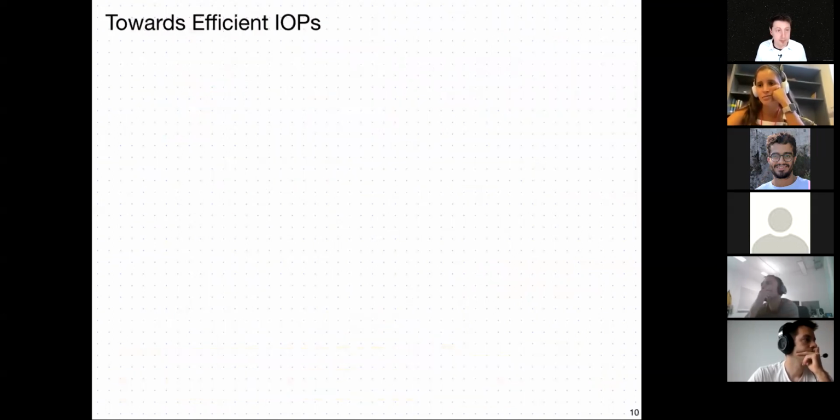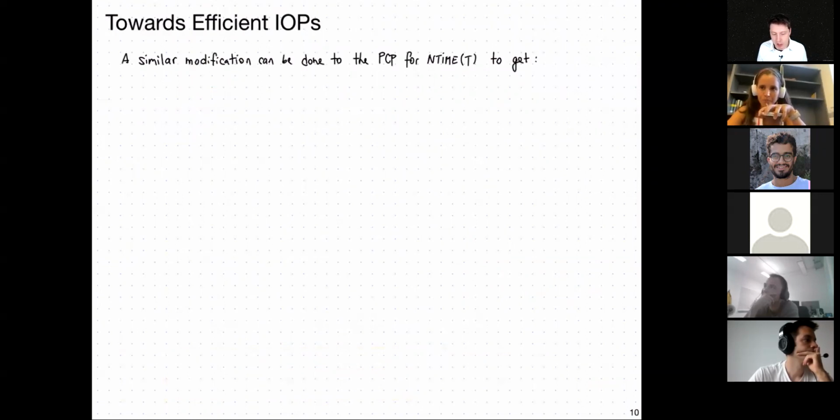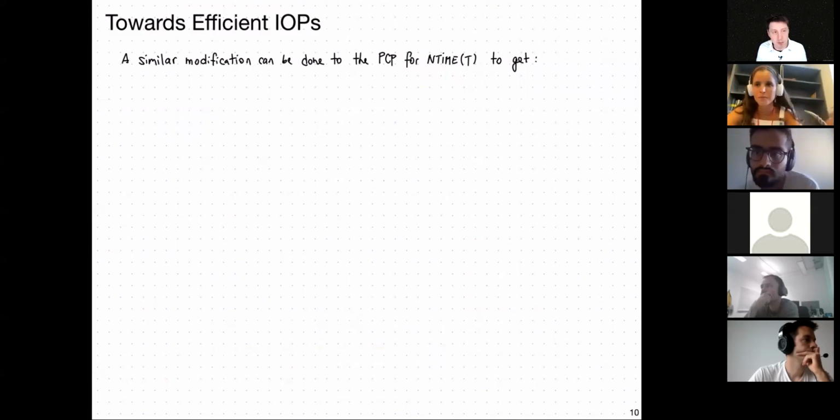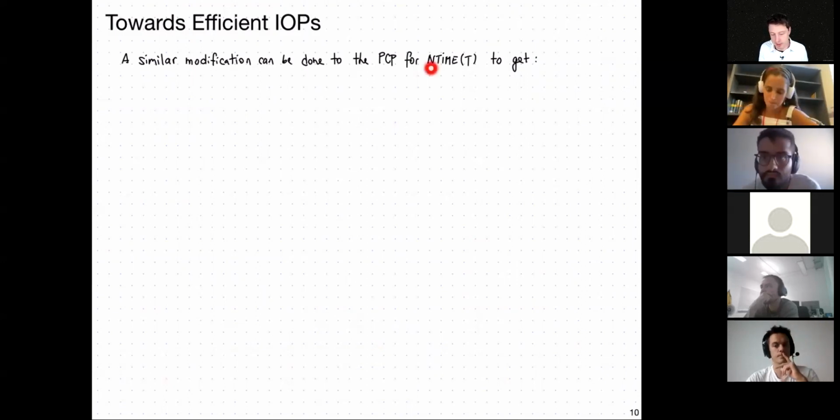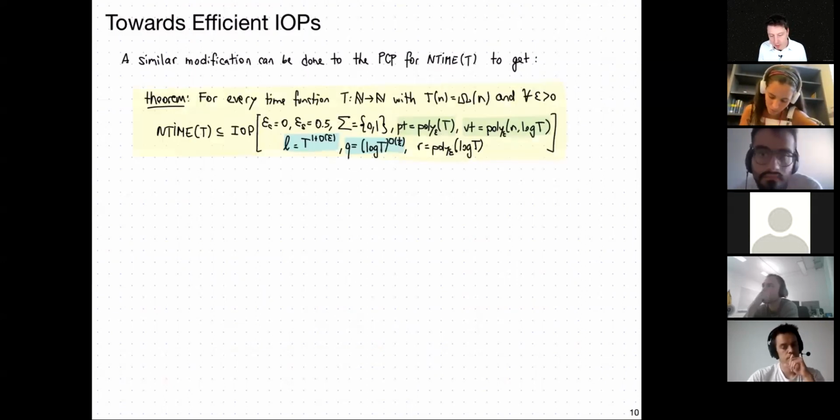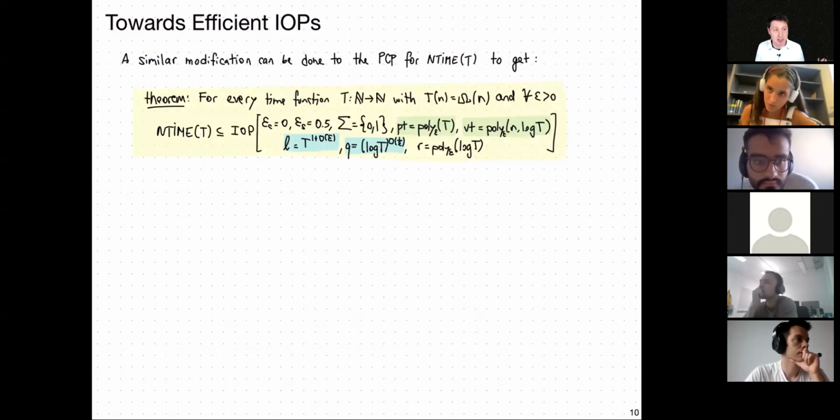Now, but that's just one idea, and we anyways went to n to the 1 plus epsilon. A similar modification can be done to the PCP for n time, which is excluded from this summer school, but it is one of the lectures in my online course, so you can see it there. And with a similar modification, you can get a pretty general result with basically no extra ideas, just by using interaction.